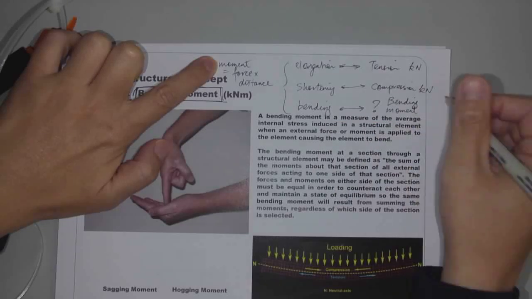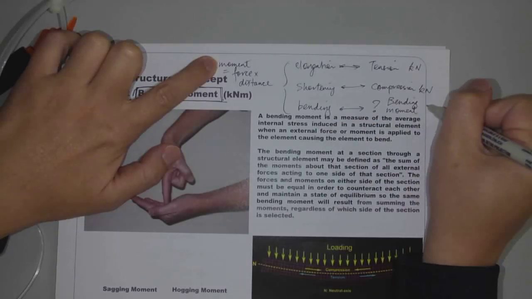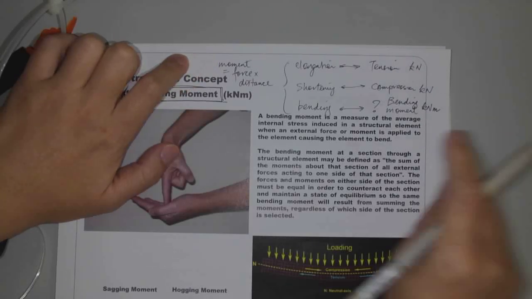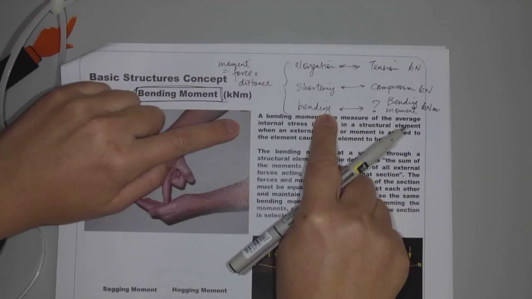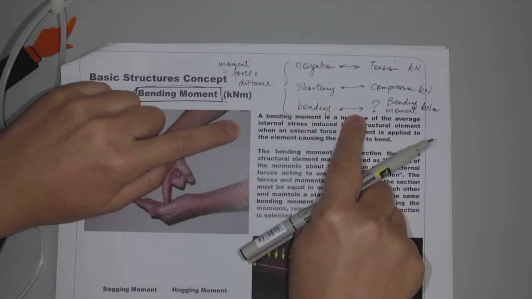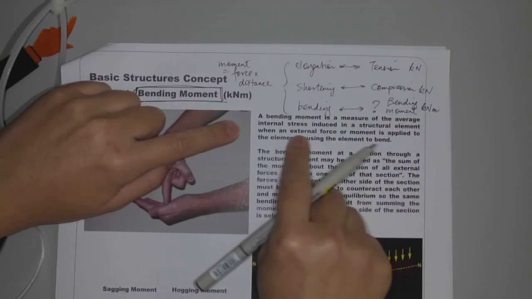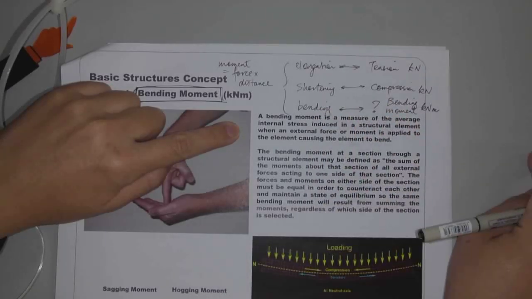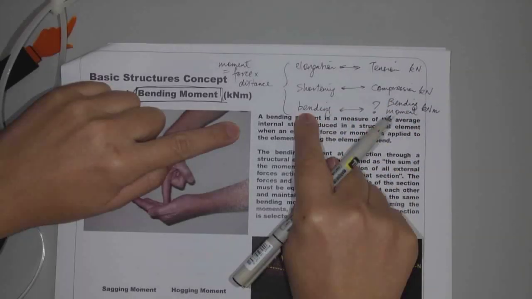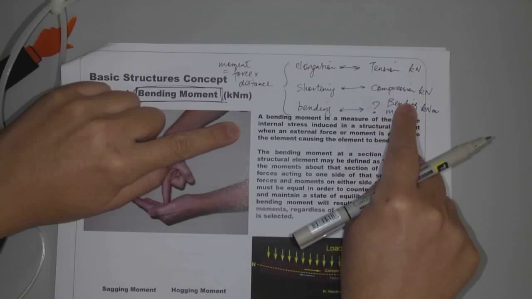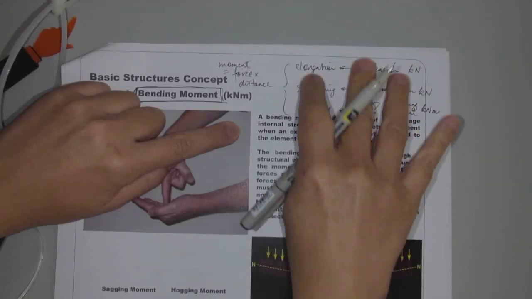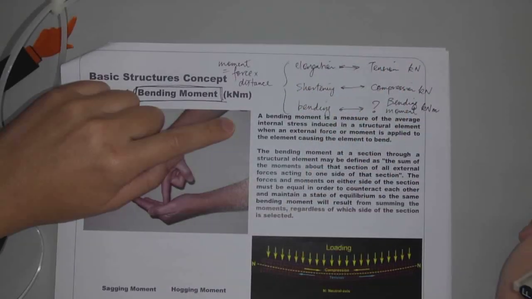So the moment is newton meter or kilonewton meter. Right? So bending is due to not a force, it's due to a moment. This moment we call bending moment. So bending is due to bending moment, and bending moment causes bending. Exactly the same logic here.